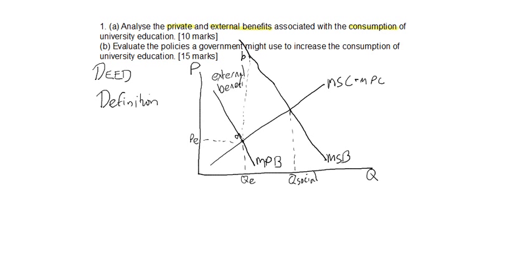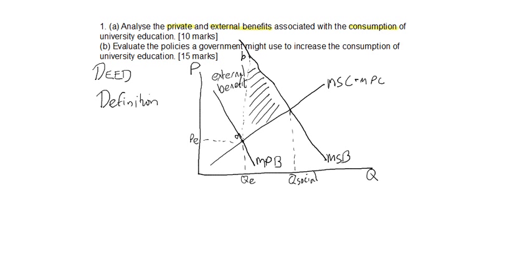And this triangle would represent the welfare loss to society, or potentially represents the welfare gain from increasing the amount we consume as individuals. So this is a positive consumption externality.